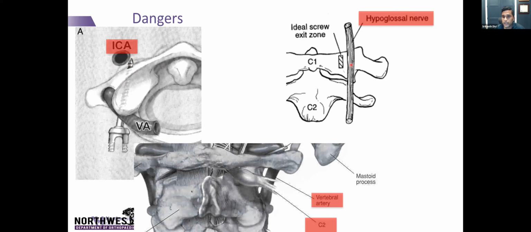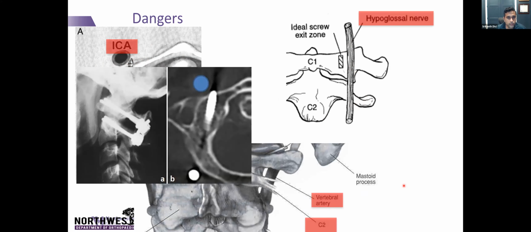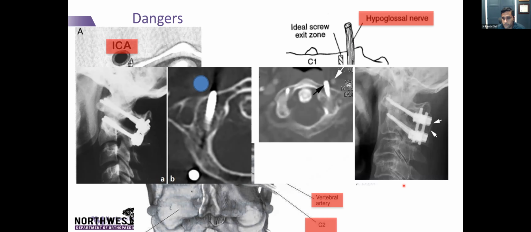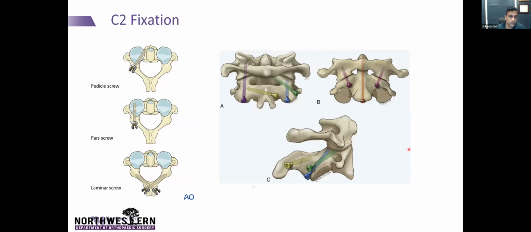Again, there's also been a documented risk of palsy with the hypoglossal nerve. And then again, C2 neuralgia, as we talked about. Here's an example of a screw getting close to the internal carotid. And here's an example of the screw tip getting close to the hypoglossal nerve.